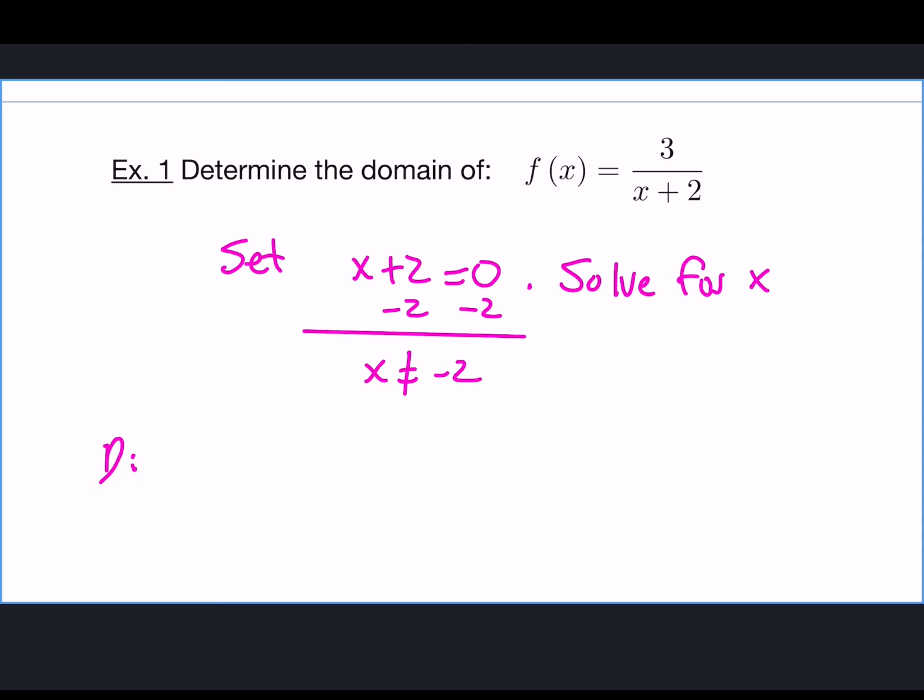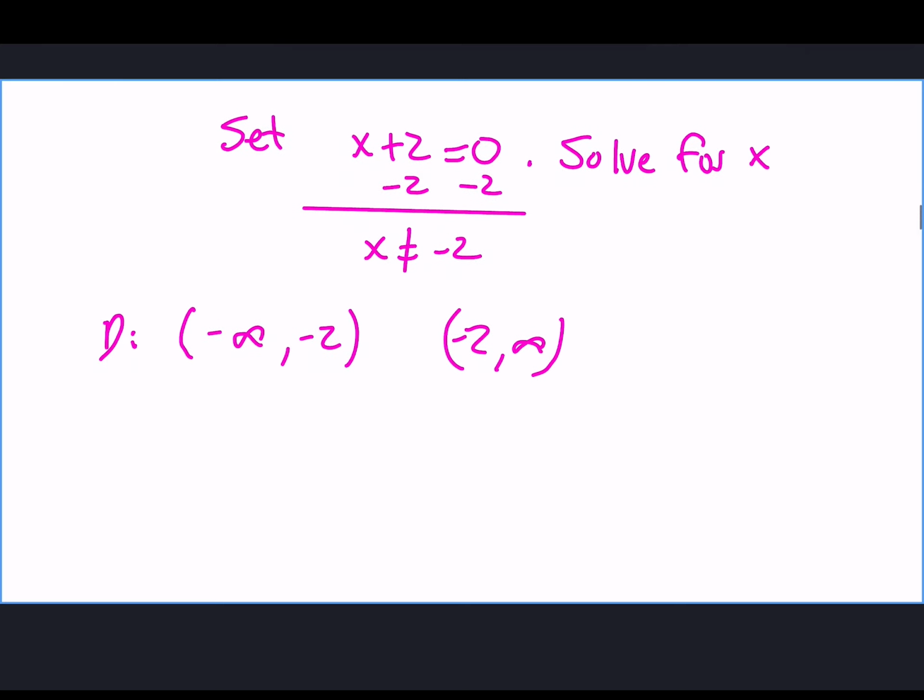So if we were to write that out, our domain would be all the numbers from -infinity up to -2, not including -2 because it's not in there, and then all the numbers from -2 to infinity. And then we group those two sets with a union, so it can be in either one. So x can be any value in the real numbers except -2.